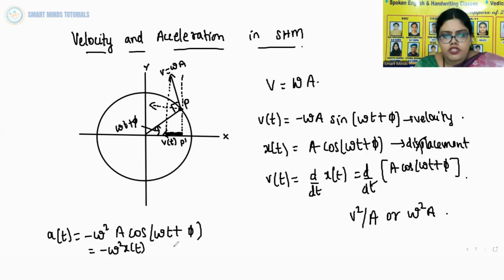So this equation gives the acceleration of a particle in a linear SHM. The same equation can again be obtained directly by differentiating velocity. Over here we have the velocity, right? If you differentiate velocity, you will get acceleration. So a of t is equal to d by dt of v of t.